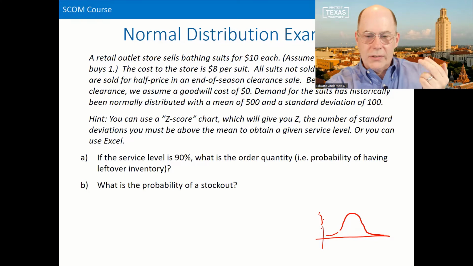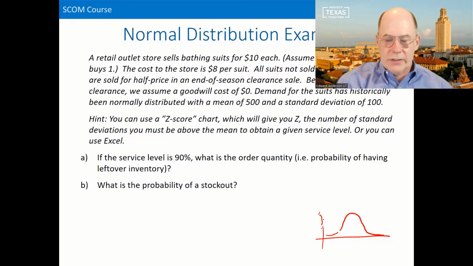All suits not sold during the fall season are sold for half price in an end of season clearance sale. Because they are on clearance, we assume a goodwill cost of $0. Demand for the suits has historically been normally distributed with a mean of 500 and a standard deviation of 100.